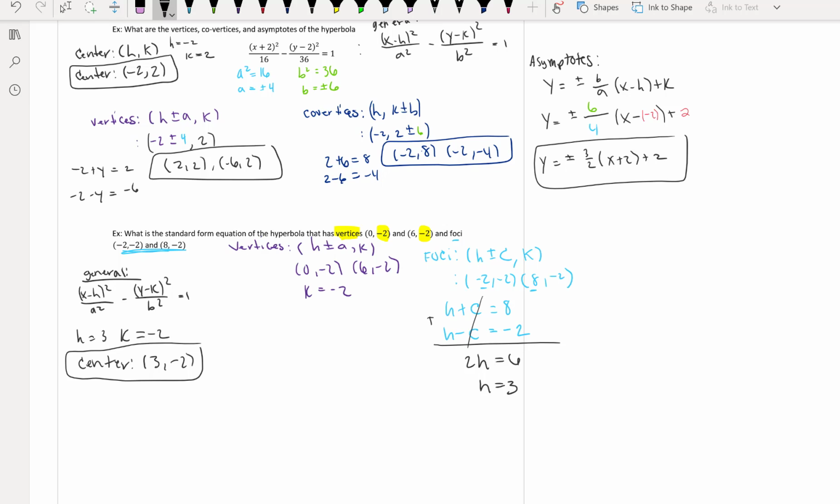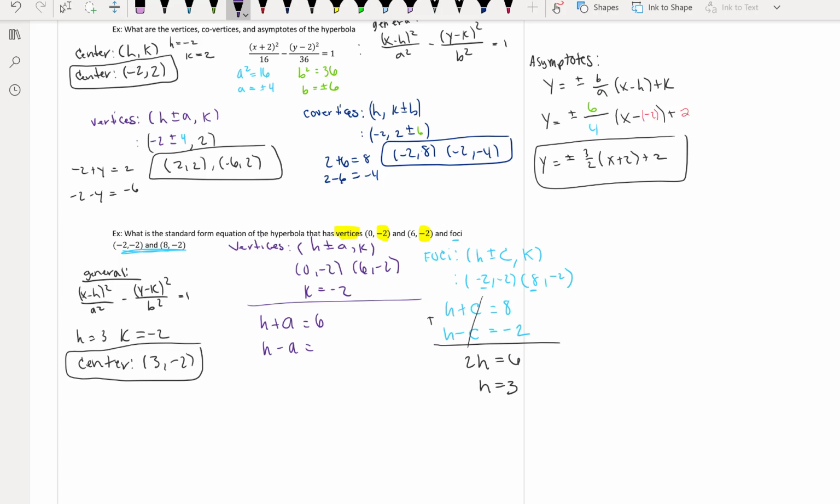And so now I just need to figure out my a and my b value. Well, I can figure that out using the vertices. So if I use those vertices here, I know that I have h plus a and I have h minus a. So here I have it as a 0 and a 6. The 6 is bigger, so that's going to be the addition.